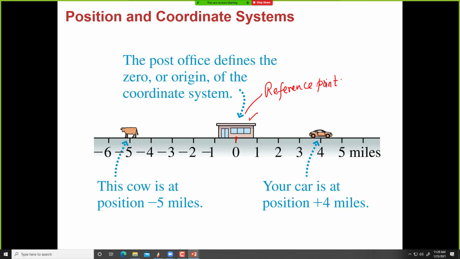Whenever it's to the right or to the east, we put a plus sign in front of the number. Plus sign means it's to the right. Here the cow is 5 miles to the west or to the left of the origin. So that negative sign means left.